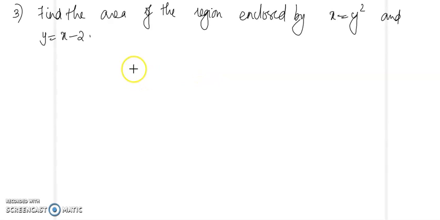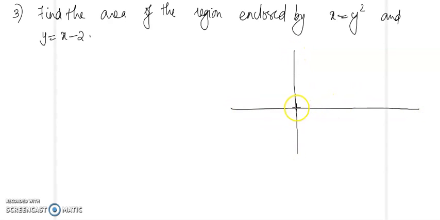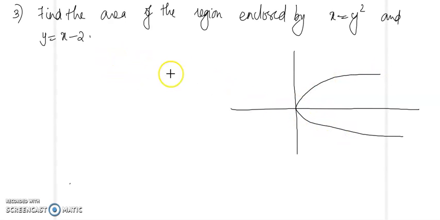So you have x equal to y square, so that will be this curve, and y equal to x minus 2, that will be the line which is passing through 0, minus 2 and 2, 0.